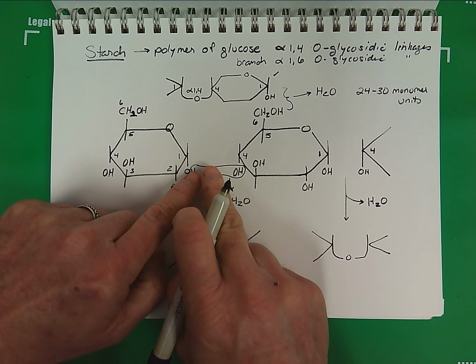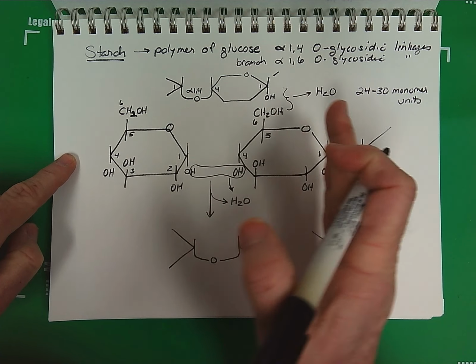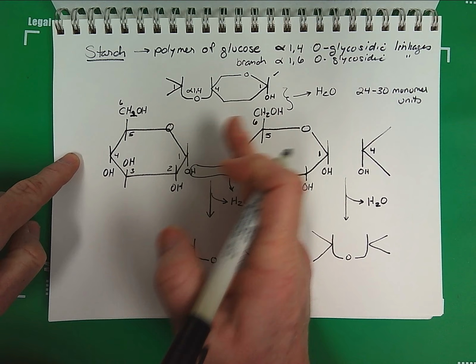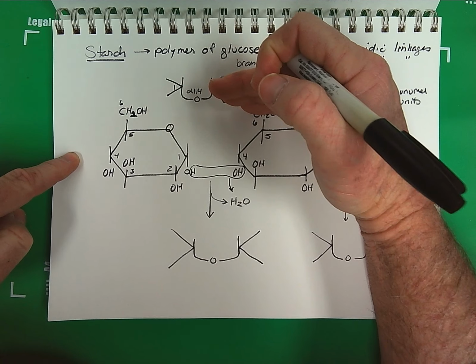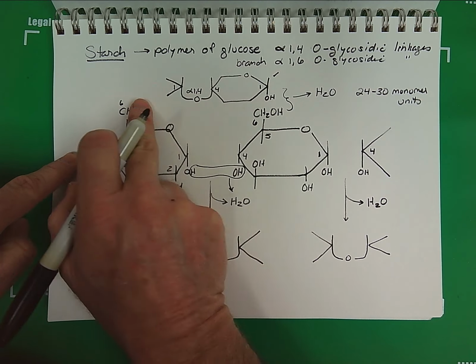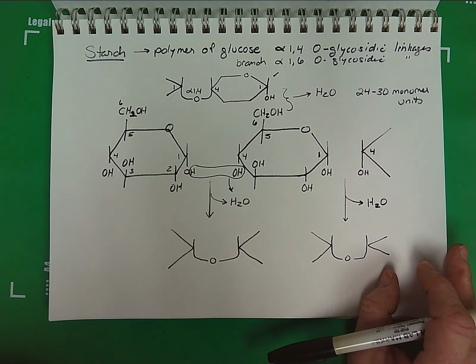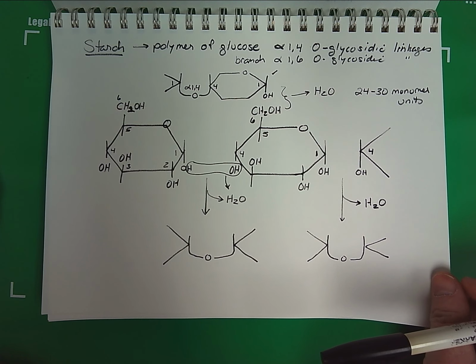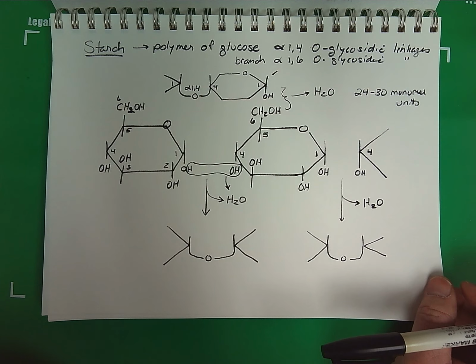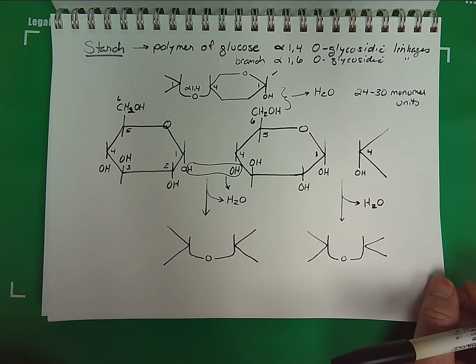So as the polymers link up, if you count 24 to 30 of these, you will have an alpha 1,6 linkage to form the branch structure. So starch is our most dense and most common source of glucose, which we'll be studying in energy production.